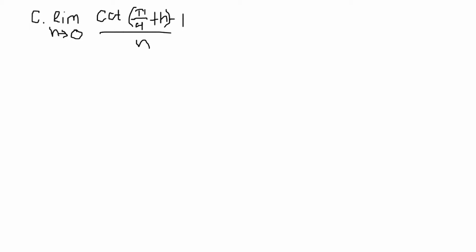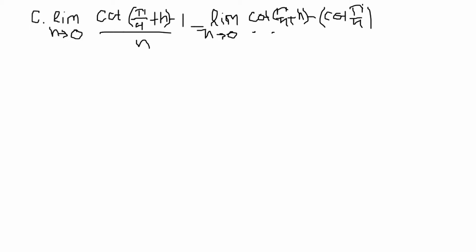We can expand this a little more and say that it is the limit as h approaches 0 of cotangent of pi over 4 plus h minus cotangent of pi over 4, all over h, in order to make it look like the definition of the derivative.